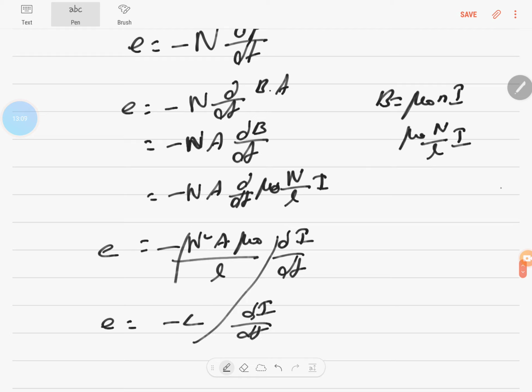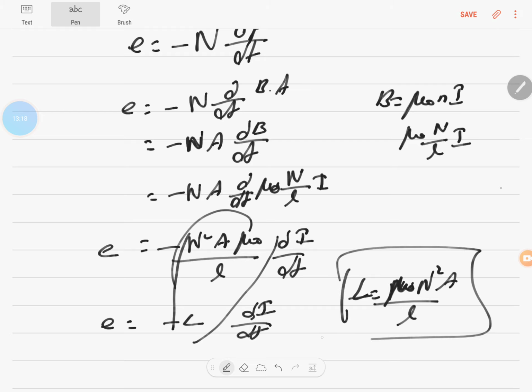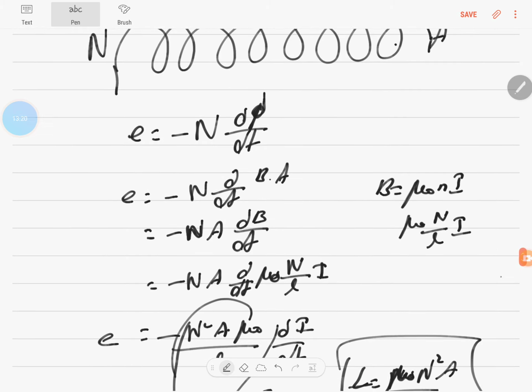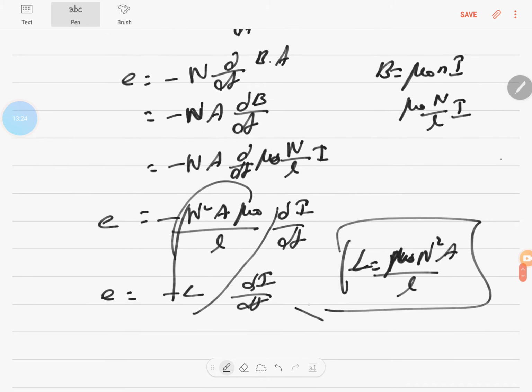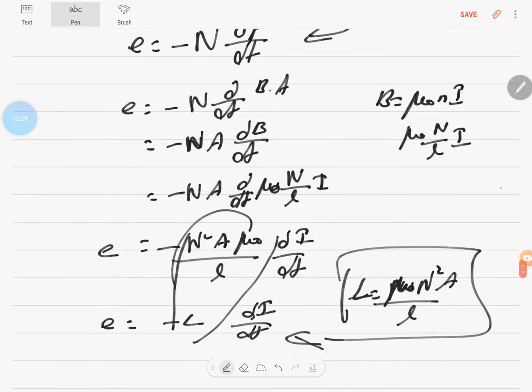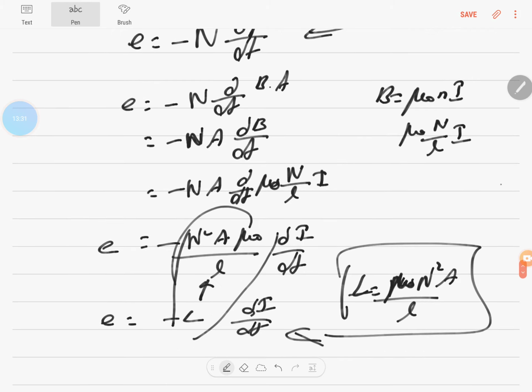Therefore, self-inductance L is equal to mu naught N square A by L. It's easy to remember like that. You started with Faraday's law, you ended up associating minus L into di by dt with minus N into d phi by dt, and therefore you found the self-inductance.